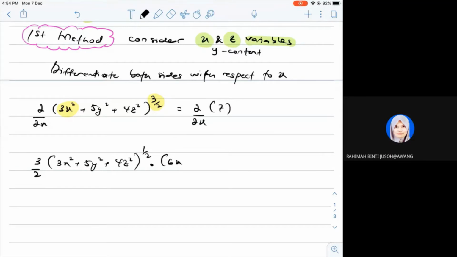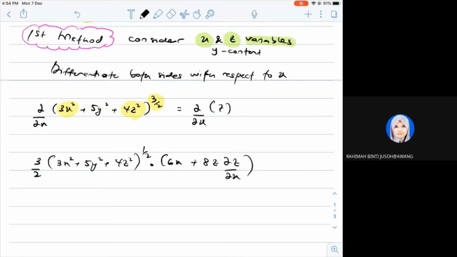Plus, now there are two variables, remember? So you have to differentiate also 4z squared. So plus, differentiating 4z squared, we will have 8z. However, for this we need to put del z over del x.